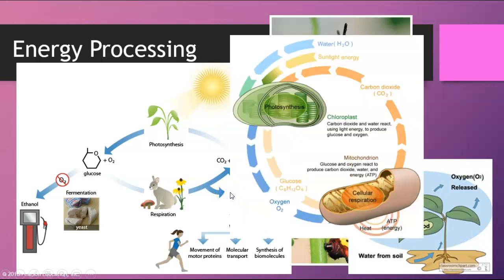You can go a little bit more in depth and see what happens inside cells, where you have organelles in the plant cell called chloroplasts that undergo photosynthesis to provide the storage form of that solar energy. And inside the mitochondrion, that storage form, glucose, can be converted into the energy that your cells can use, which is called ATP.